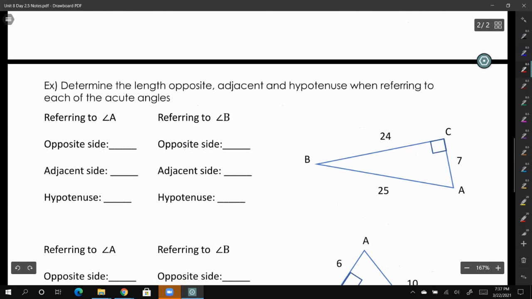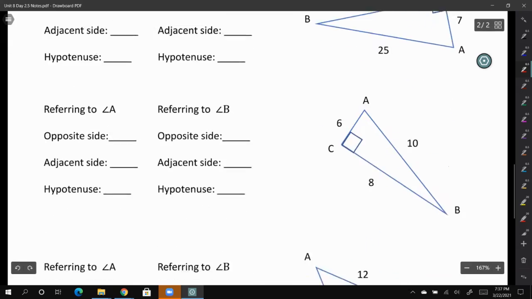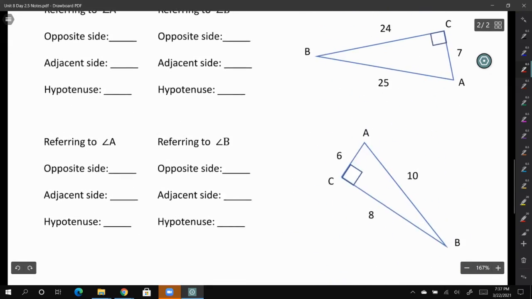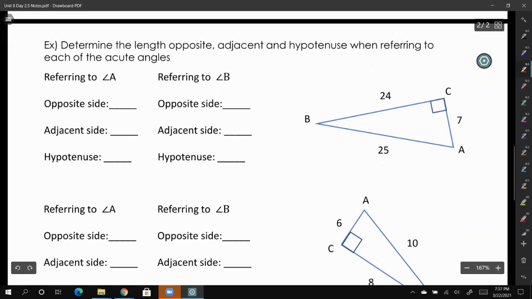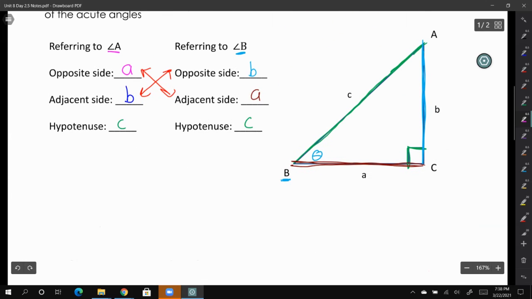Now, on the next page, I'll do one more, and then I'm going to have you do the other three. Try them and then compare the answers. So referring to angle A, okay, here's angle A right here. The hypotenuse is always across from your box, so I like to put that in first. That length is 25. Up here we were just labeling them like, is it side A, is it side B, is it side C?